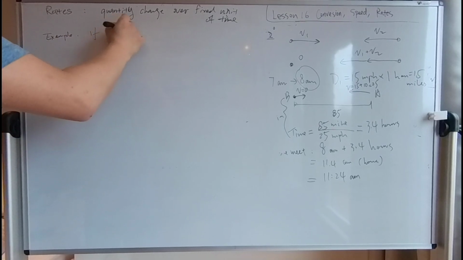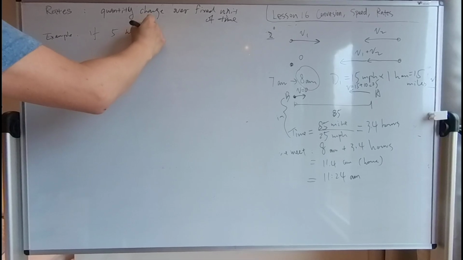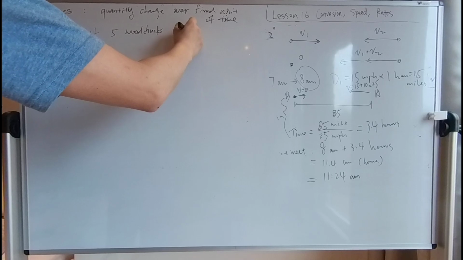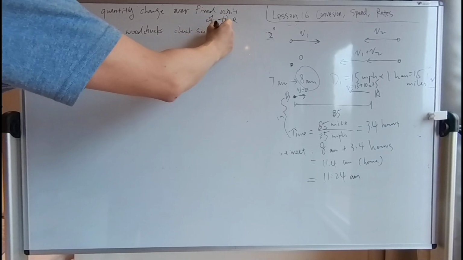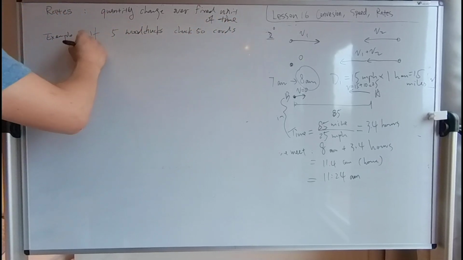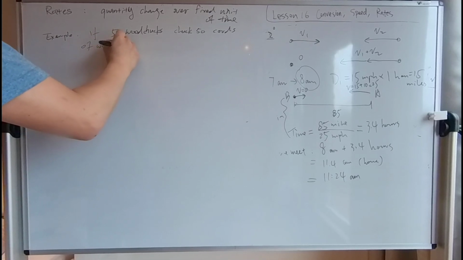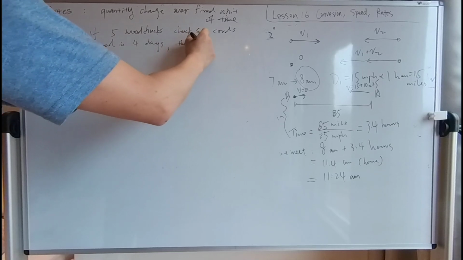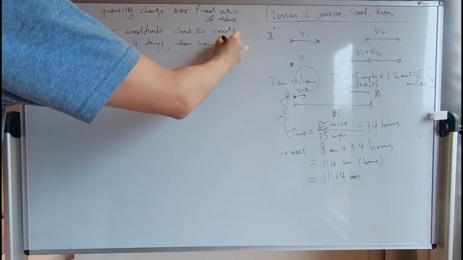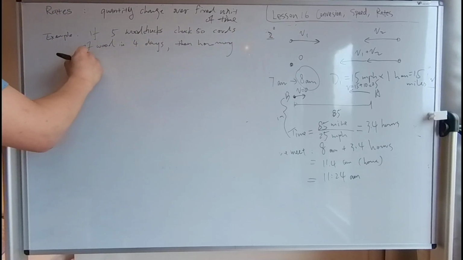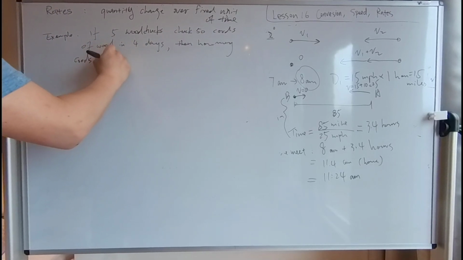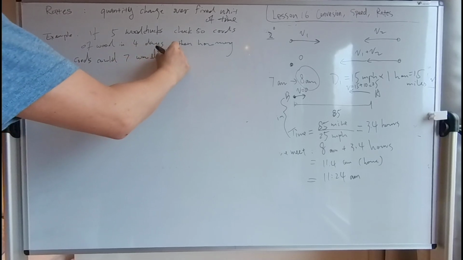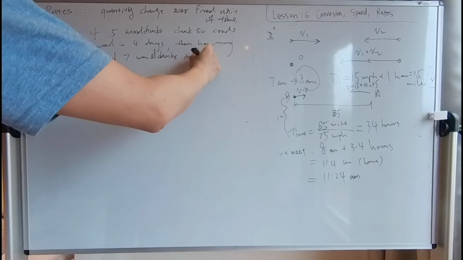if we have 5 wood chunkers that chunk 50 cords of wood in 4 days, then how many cords could 7 wood chunkers chunk in 6 days?